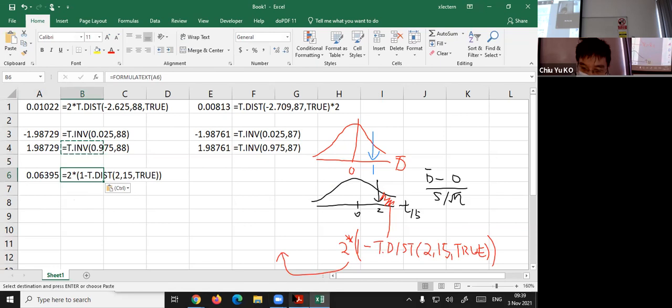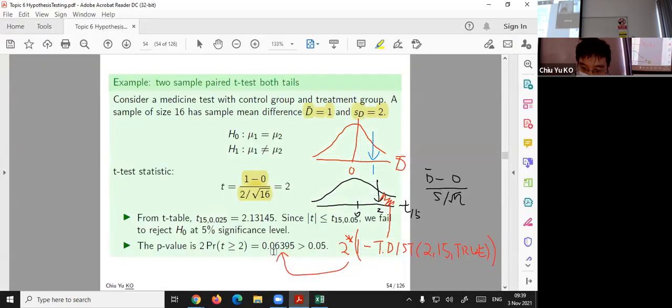So that is the reason why, if your alpha is 5%, unfortunately you cannot say they are different. If you do an experiment in this medical test, you cannot say the treatment is effective, although the difference is 1 and the standard deviation is 2. You have to do more experiments.